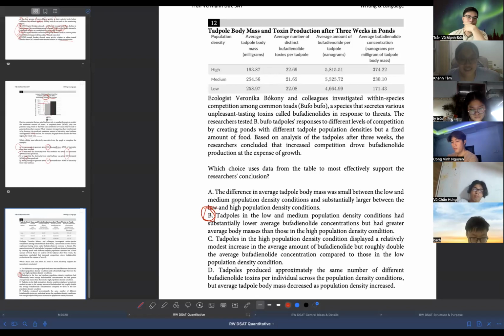I think it is the best with the conclusion and the data in the table. Can you just elaborate? Why is it fitting? I want to hear from you. This one is quite convoluted, complicated, but let's see. Why B?